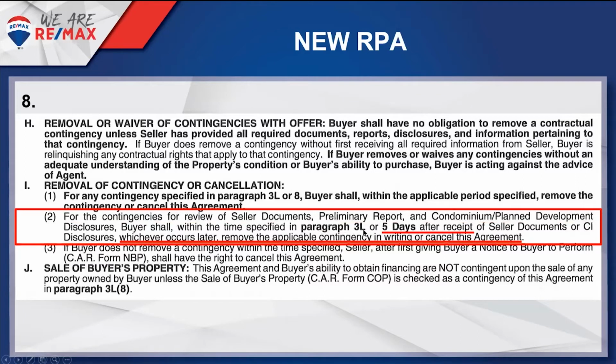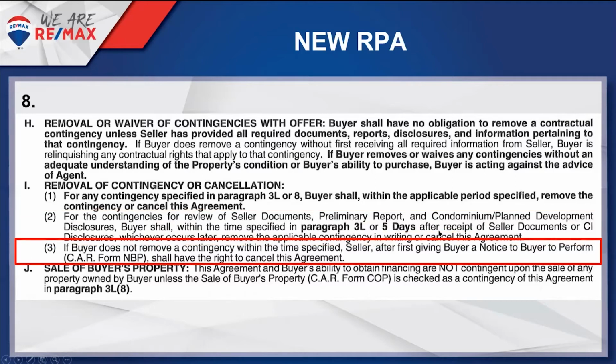They cannot be compelled to remove it sooner than 3L or 5 days after receiving the documents from the seller, whichever is later. Now, if the buyer does not remove a contingency when time specified, the seller can give the buyer notice to perform and then cancel the agreement. All of you are pretty familiar with that.